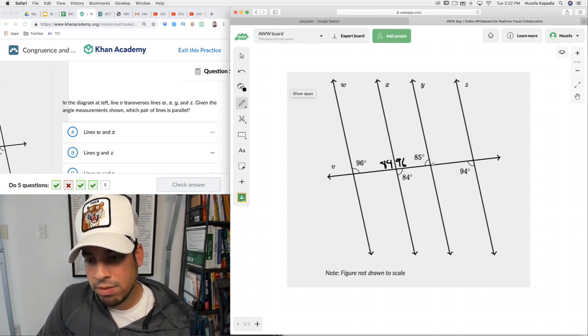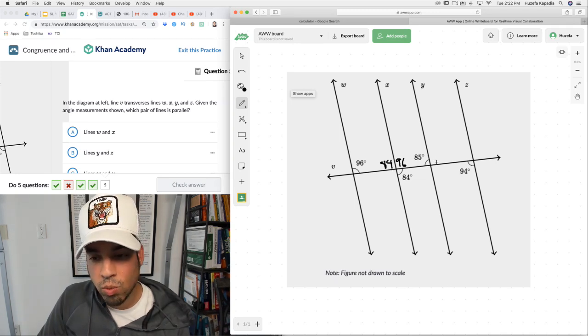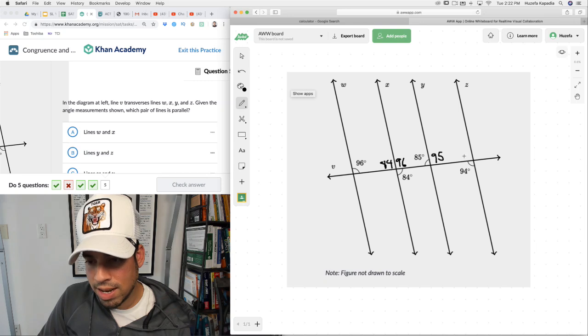So if this is 85, this side over here is whatever adds up to 180. That'd be 95 over here. And then this is 94. What adds up to 180 makes this 86. 94, 86, 85, 95.